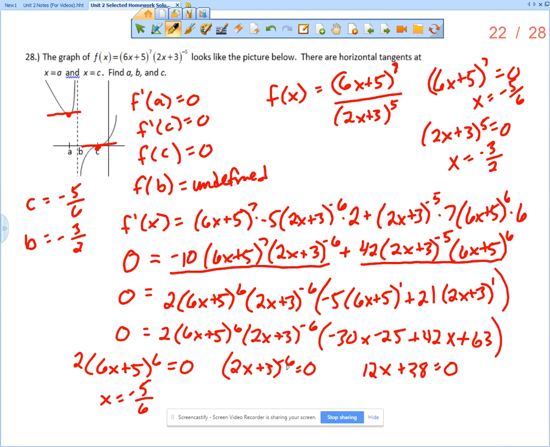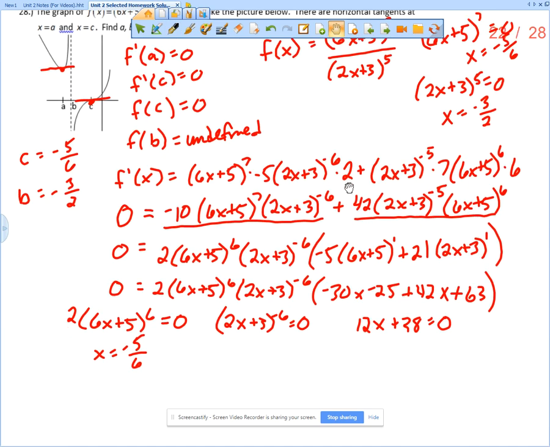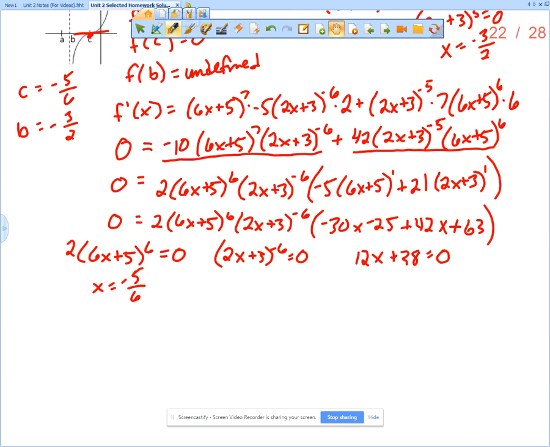Next, (2x+3)^-6. What is this really? We have to remember that (2x+3)^-6 really means 1 over (2x+3)^6. This can never equal 0 because the numerator is never 0. But if the denominator is 0, then this thing is undefined. So we set the denominator (2x+3)^6 equals 0.